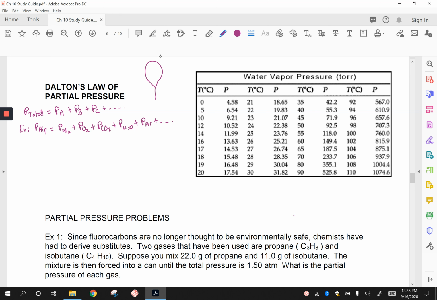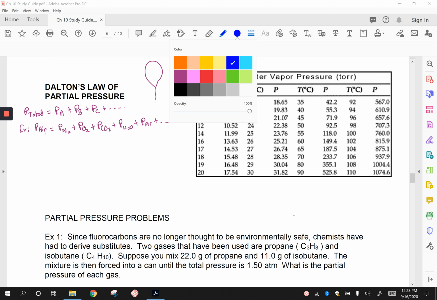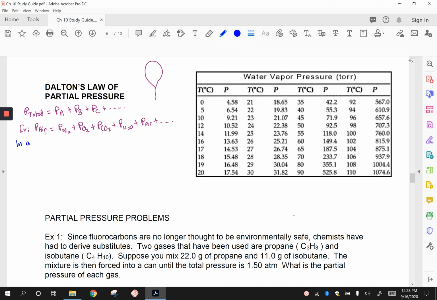All the gases inside of the balloon have to be the same temperature. So let's write that down here. In a mixture, the components, the different gases that make up the mixture, will be at the same volume and temperature.